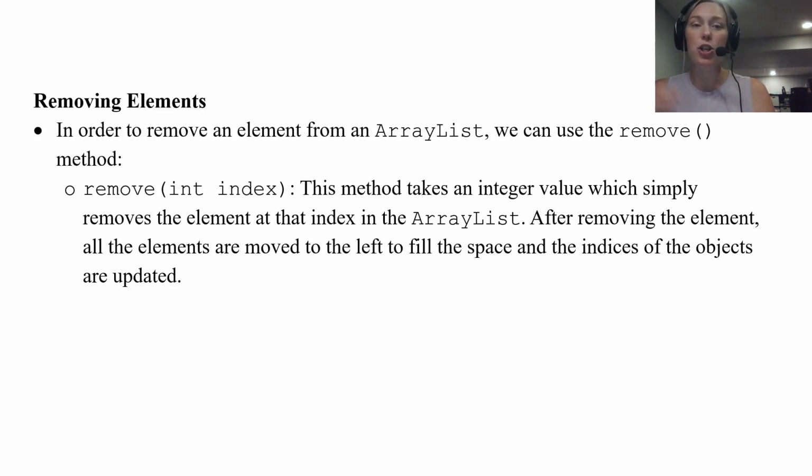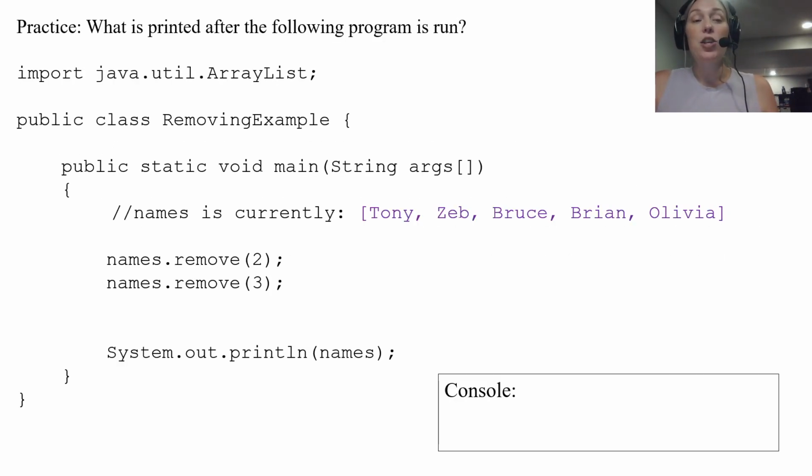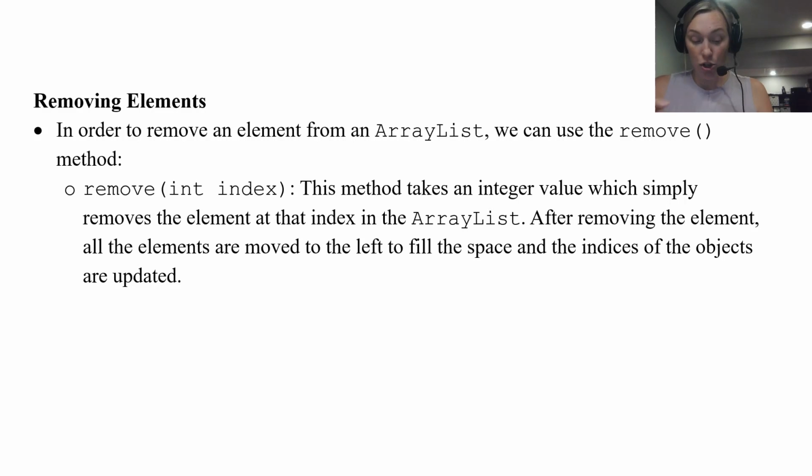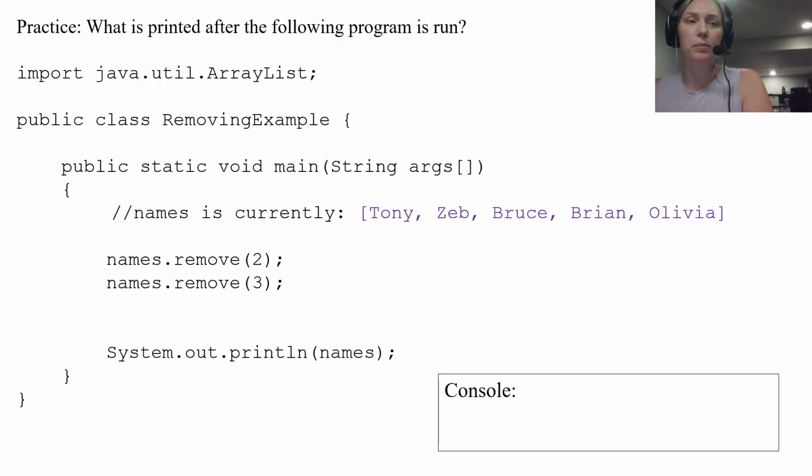It takes an integer, removes the element at that integer, and all of the elements get shifted over when you remove that index. And it does return what was removed, if you wanted a variable to capture that. Same thing with the set method, same instance, but you don't need one.